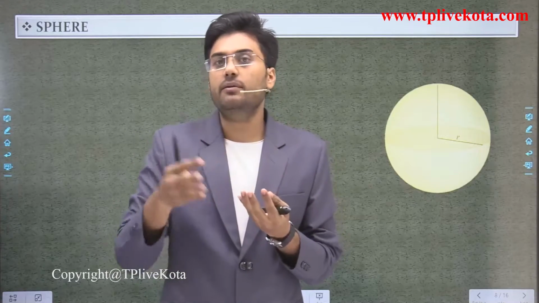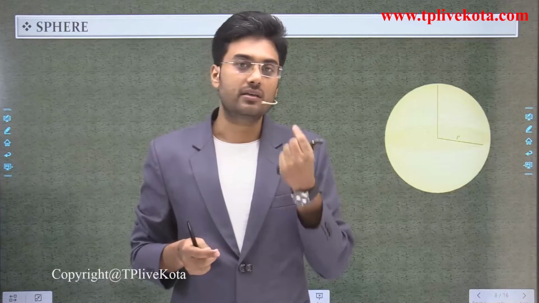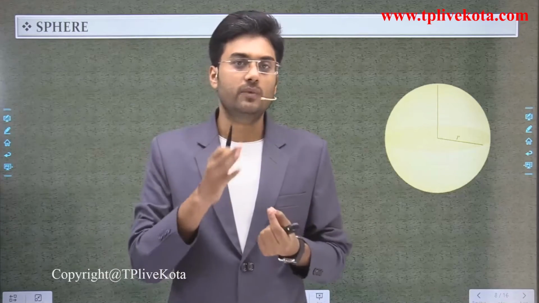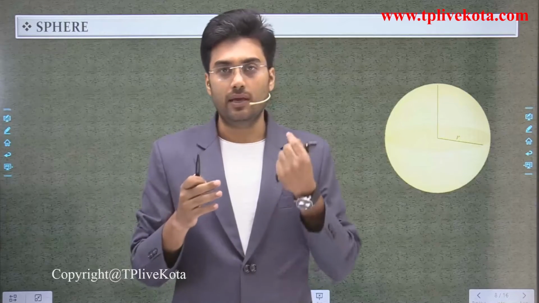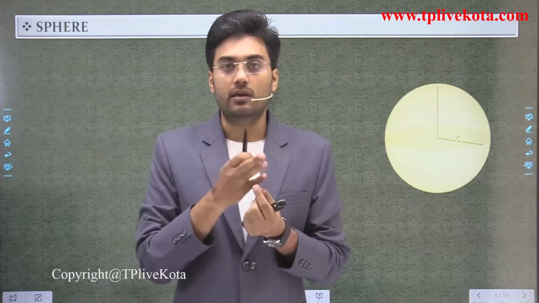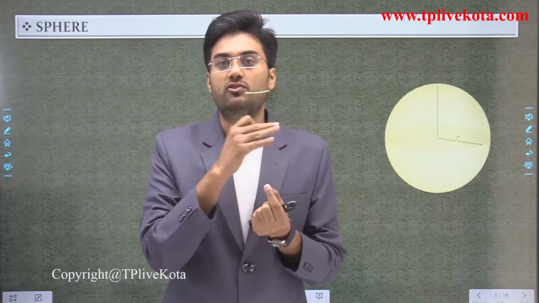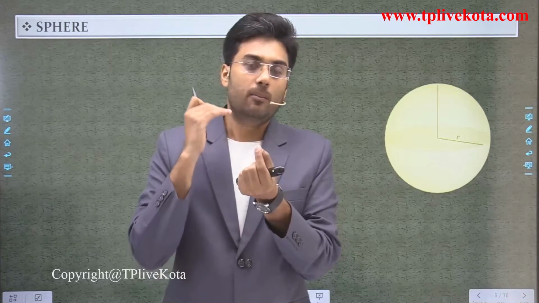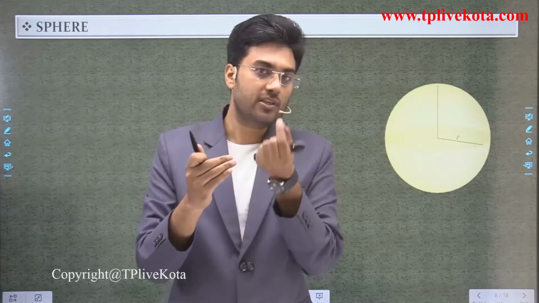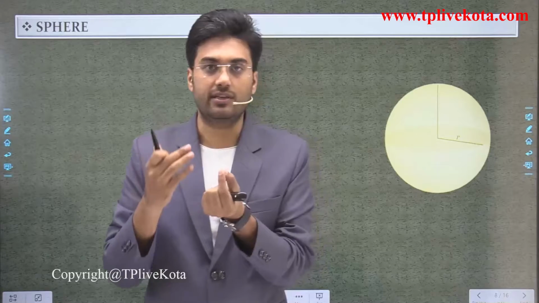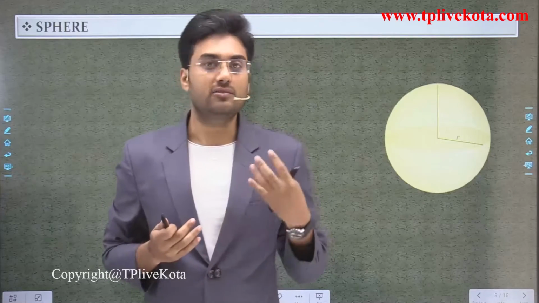If we compare it with circle, then circle is the collection of all those points which are equidistant from a point, and we collect all the points in only one direction. But for the sphere, if we join all the points which are equidistant from a fixed point in all directions, in three directions, then what will we get? We will get sphere. Clear?